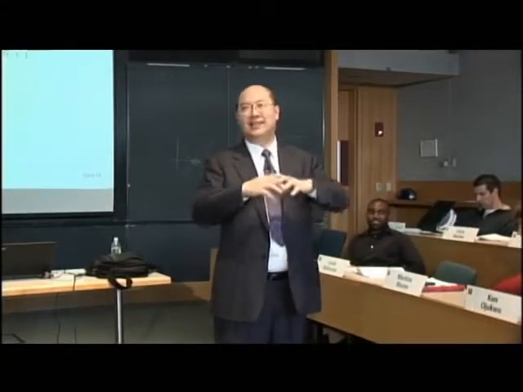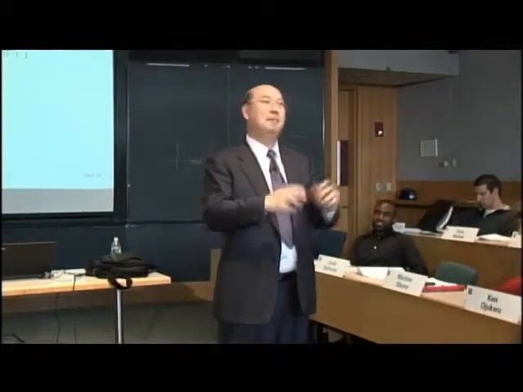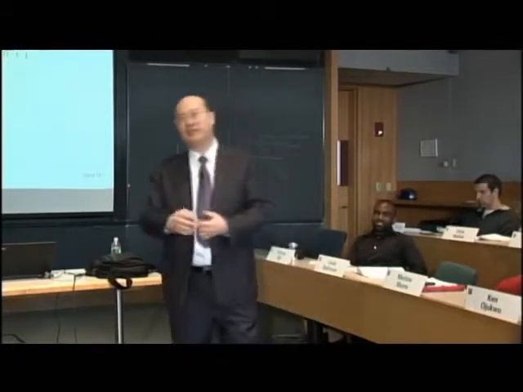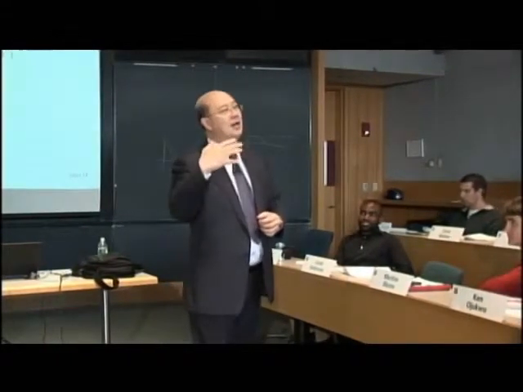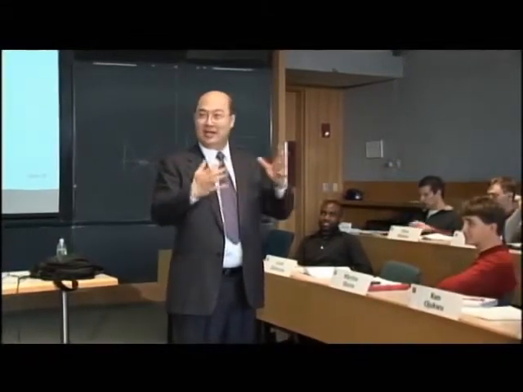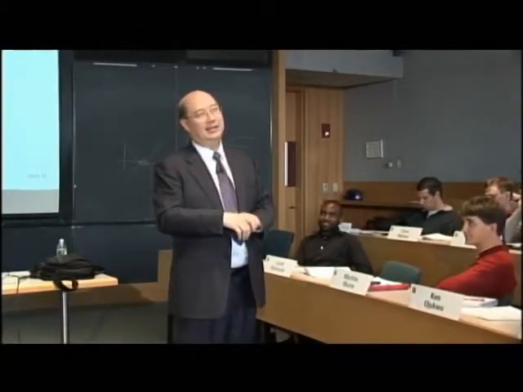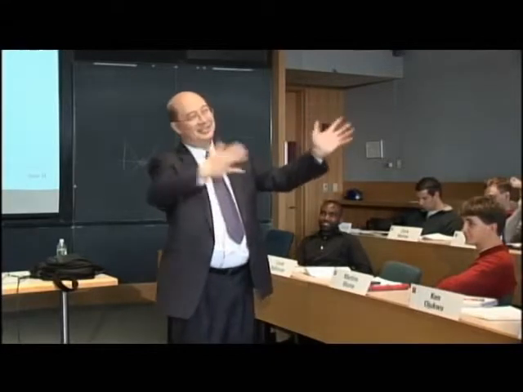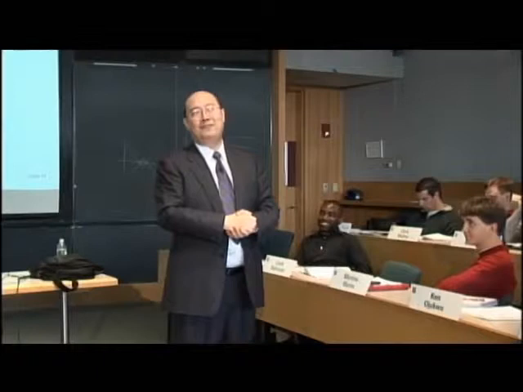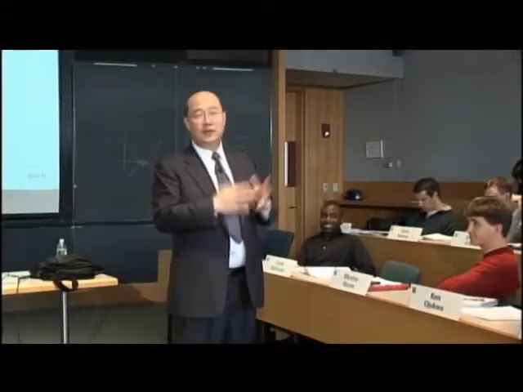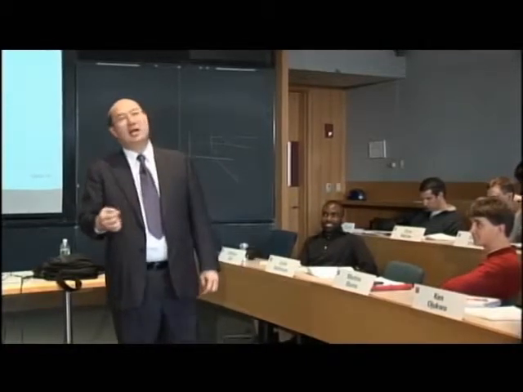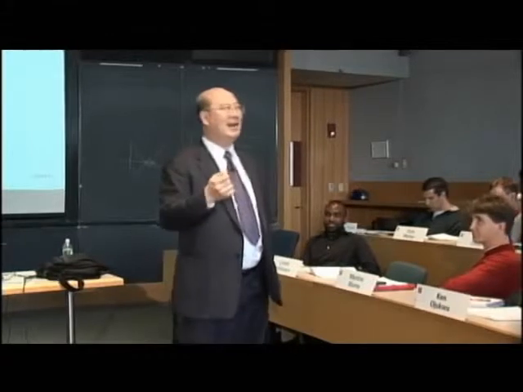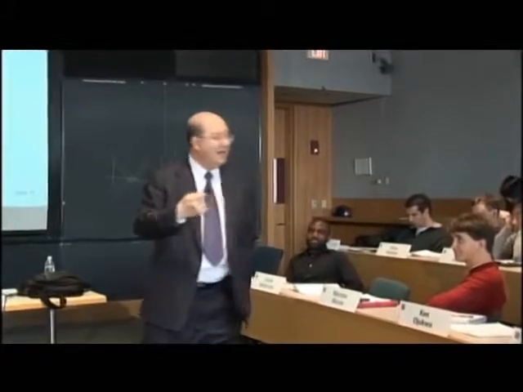Tenure review means that they send letters to 15 of the top people in your field across the country, across the world actually, and they base their decision on whether to give you lifetime guaranteed employment as to whether or not these 15 people say that you're the greatest thing since whatever. And if you don't get that kind of review, then you're asked to leave. I mean, you have to leave. There's no choice for continued employment. So the idea behind hiring assistant professors was that each one of them was viewed as an option.